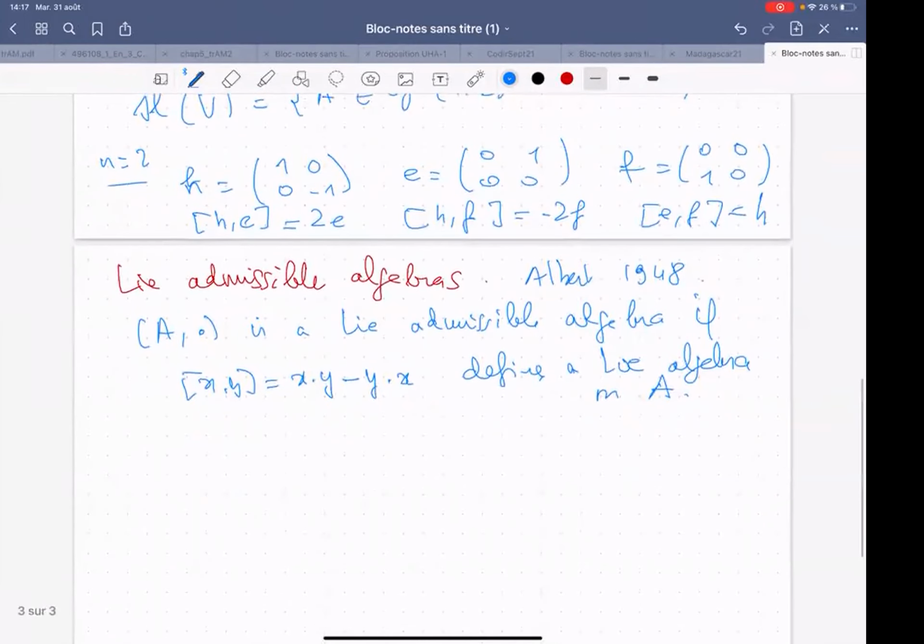And of course, we have an example. We have seen an example. All associative algebras are Lie admissible.